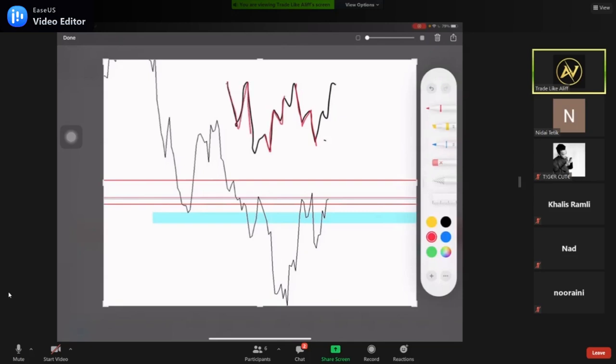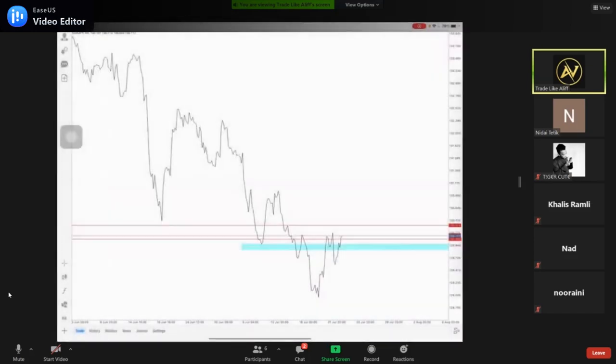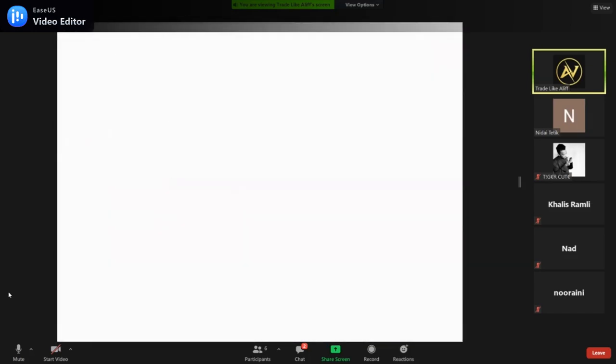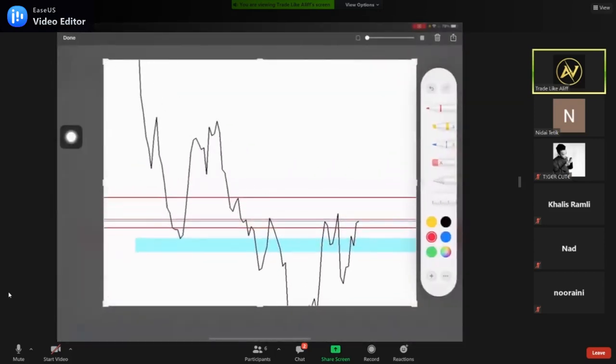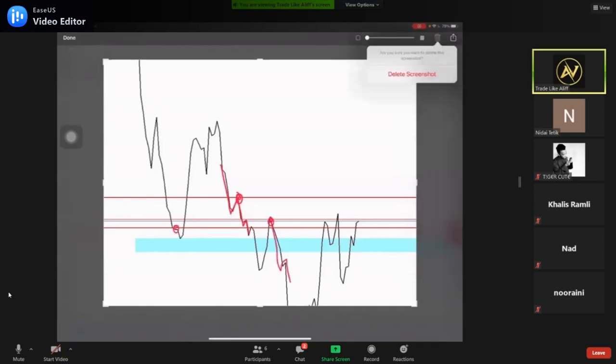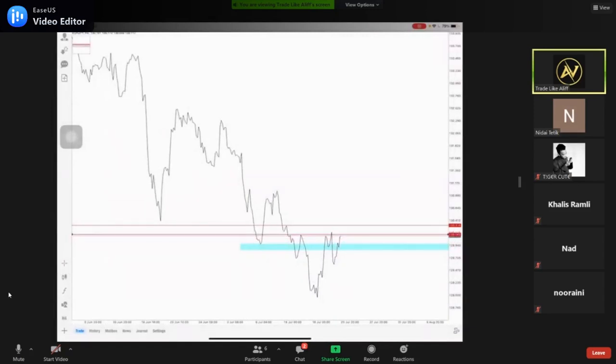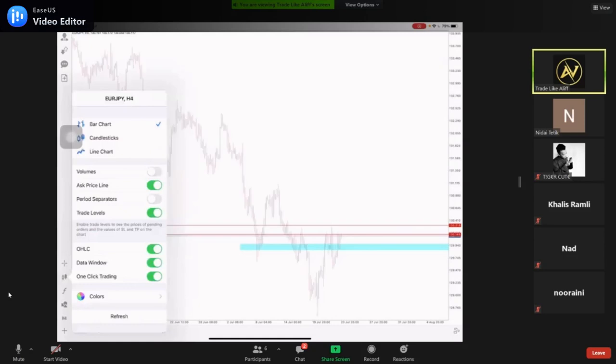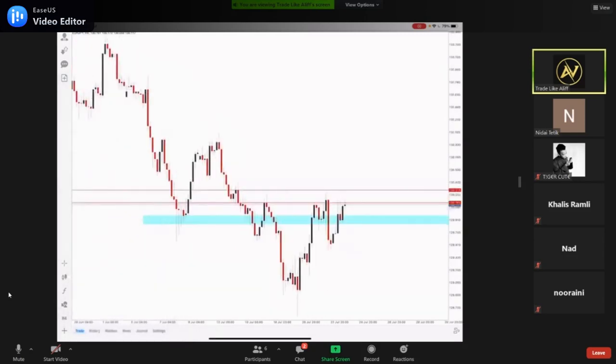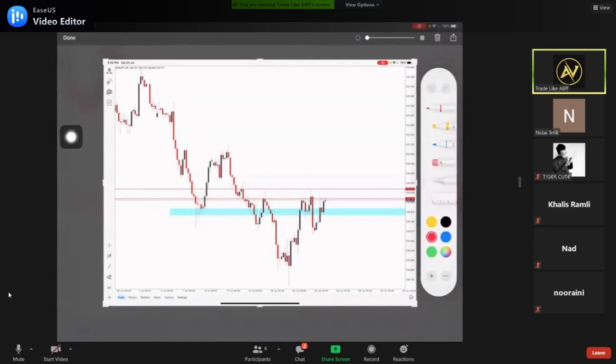And then I want you to focus on this. Understand? So here, we got one here. Second. Sorry, we cannot take here because this is a better and clearer movement. So here, you can see price broken out.